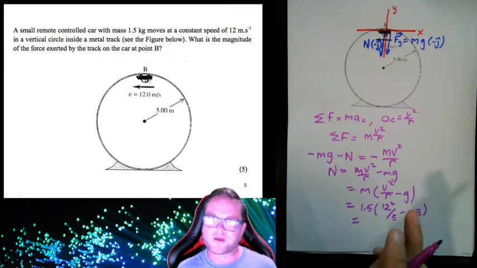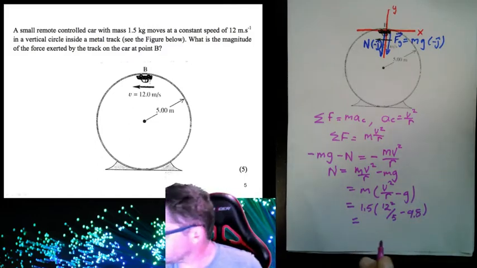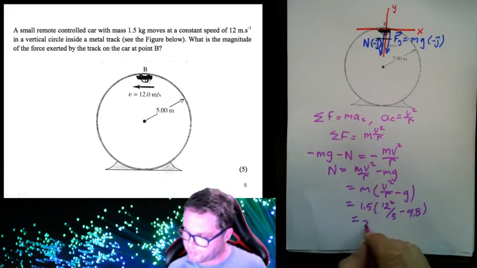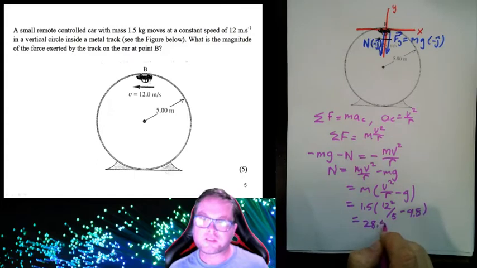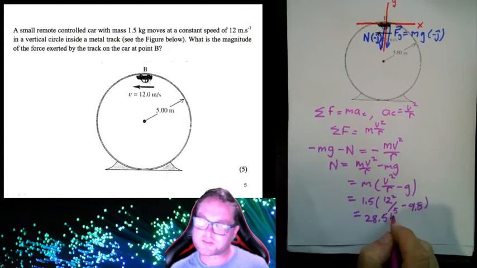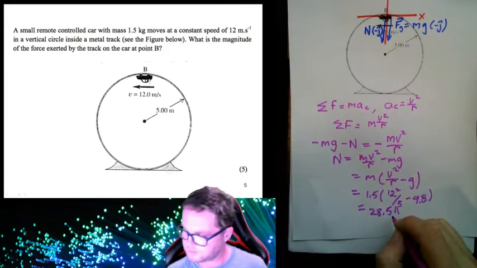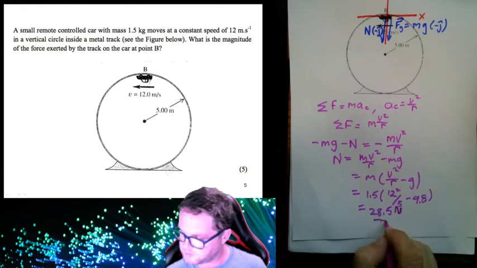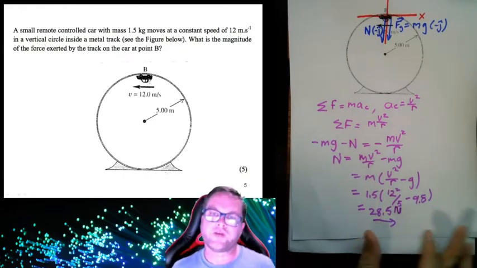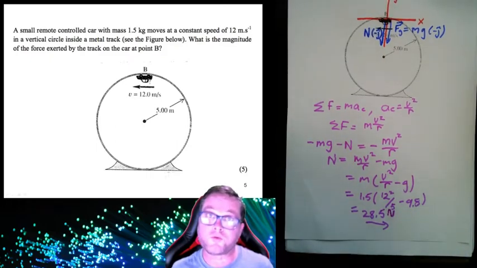If you calculate that, you'll find the solution to be 28.5 newtons. So our final solution for the normal force, the force of the track on the car, is 28.5 newtons.